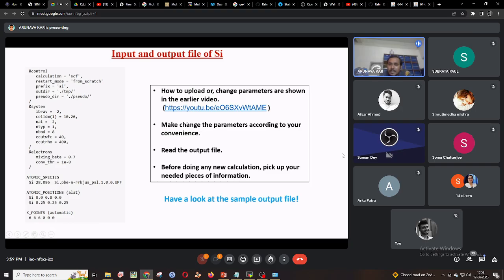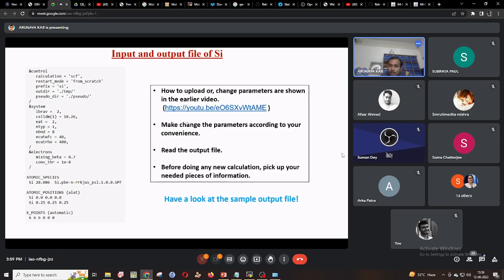You can check parameters according to your convenience and according to the exercise, and you can read your output file. Before doing any calculation, you can pick up your needed information from the output files.